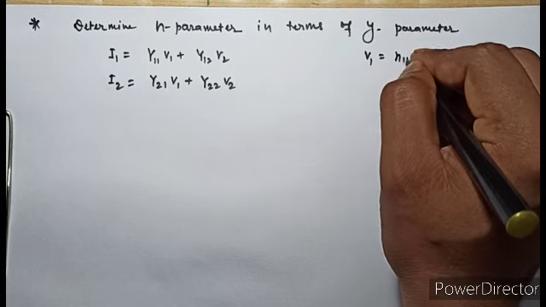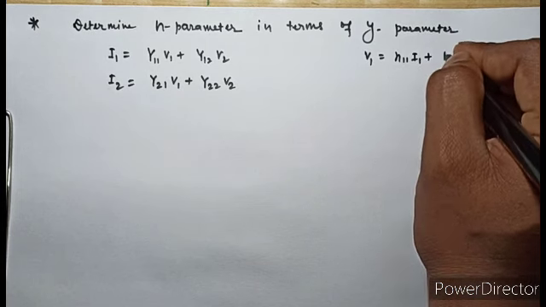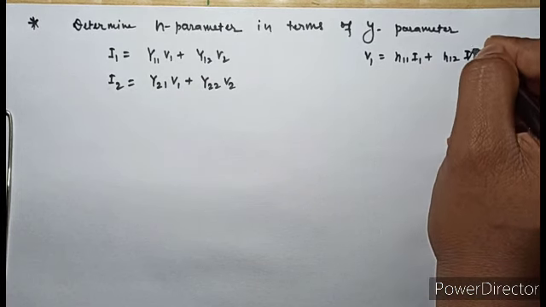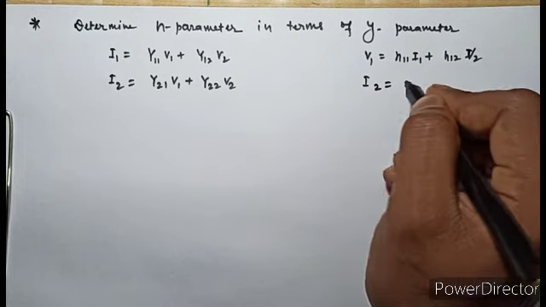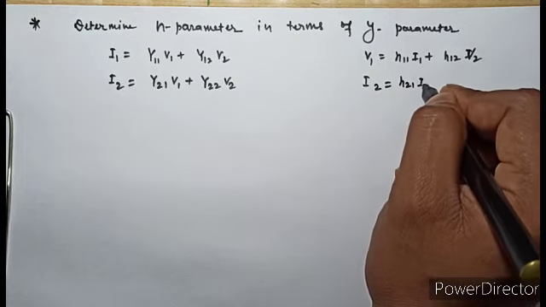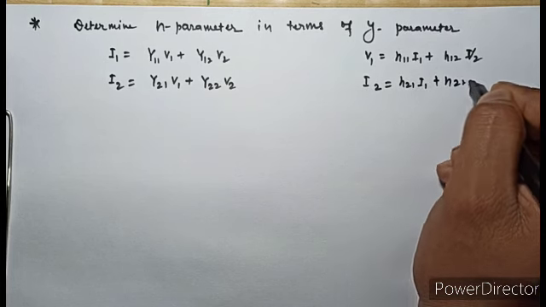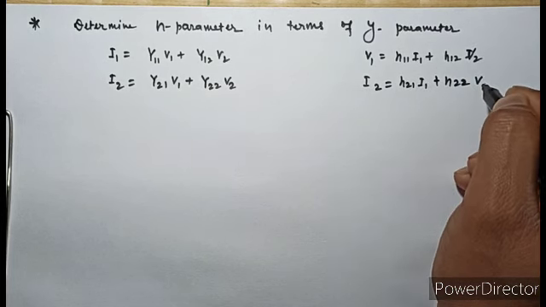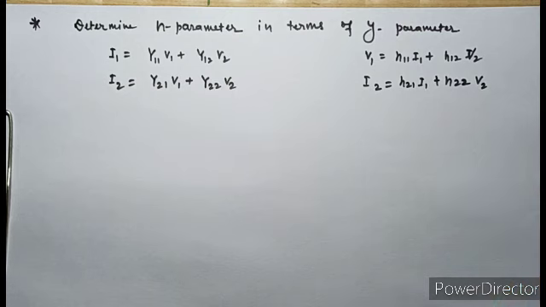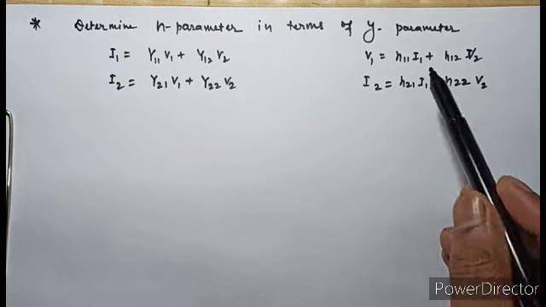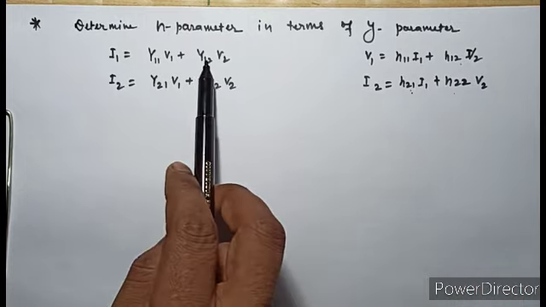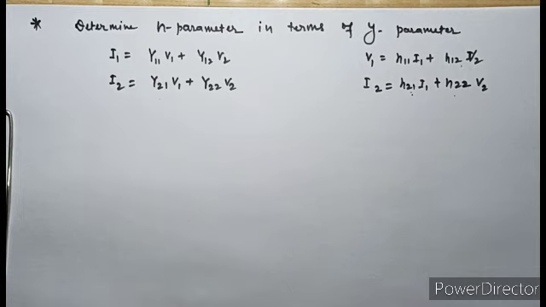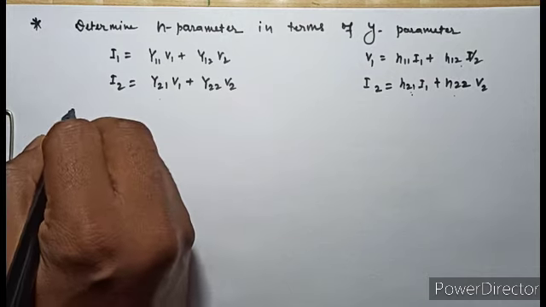V1 is equal to H11 I1 plus H12 V2, and I2 is equal to H21 I1 plus H22 V2. Clear? Now our task is to represent H11, H12, H21, H22 in terms of Y11, Y12, Y21 and Y22, right?